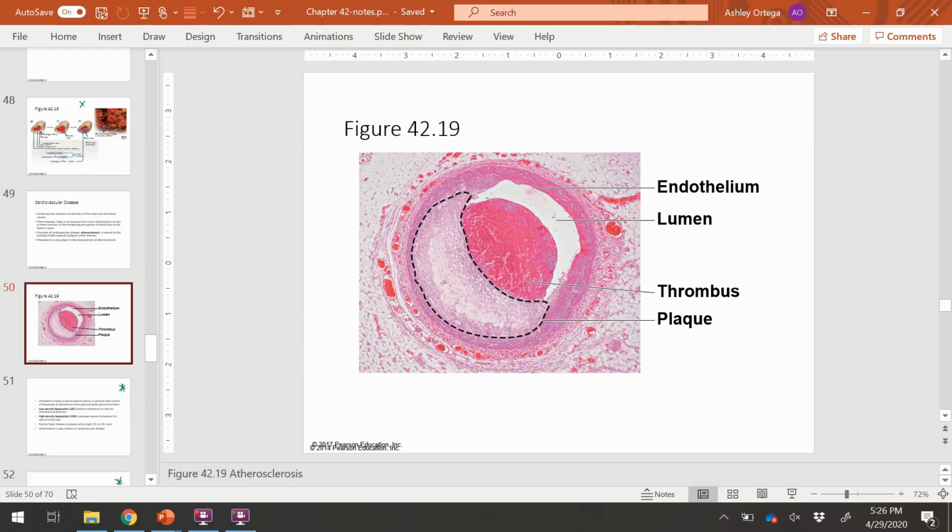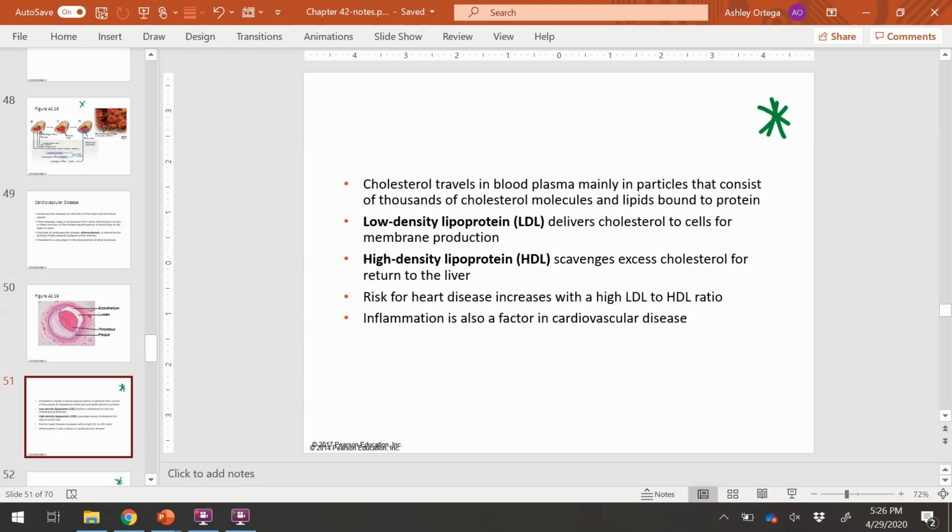You can see there. But we will focus on cholesterol and how it travels through the blood in large particles of thousands of cholesterol molecules that are bound to a protein. And so they're divided based on their density. Low density lipoprotein cholesterol is delivered to cells for membrane production.